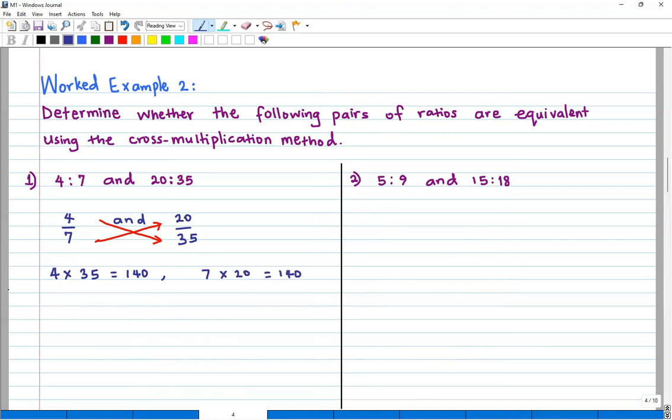Now, since 4 times 35 is equal to 7 times 20, then it means that the two ratios are equivalent.